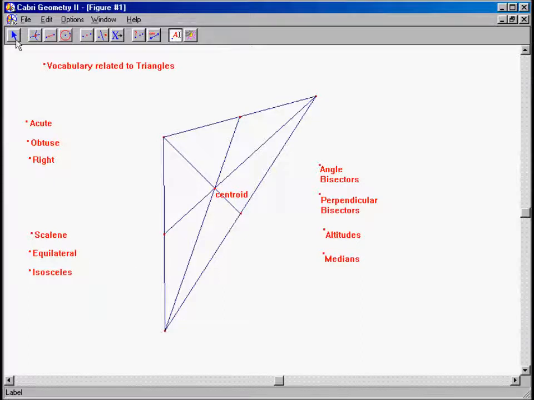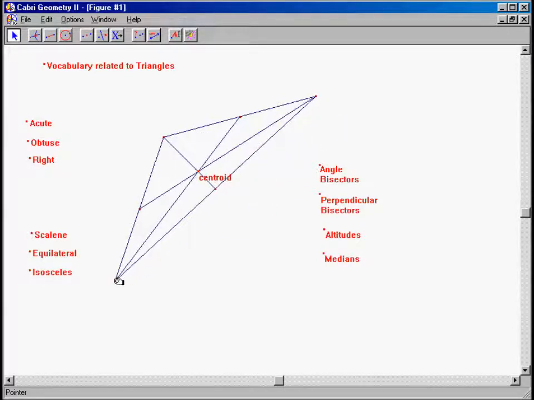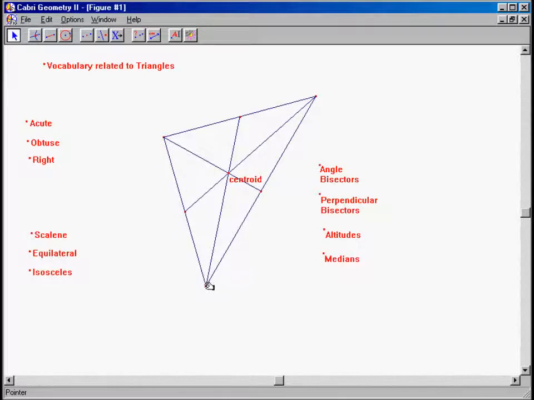Where the medians meet is the center of gravity of the figure. And if I distort this triangle, it doesn't matter whether I make it acute or obtuse or right, where the medians meet is the center of gravity of that figure. Isn't that interesting? Medians, make sure you know what a median is.